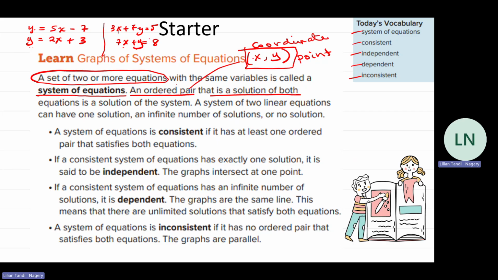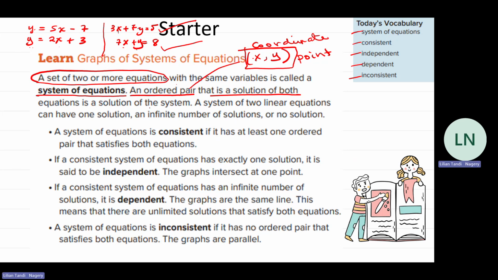It is the answer to this equation and the answer to this equation, not the answer to just one. It has to be the answer to both of them. An ordered pair that is a solution of both equations is a solution of the system.